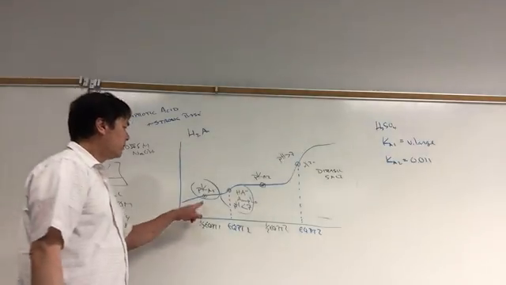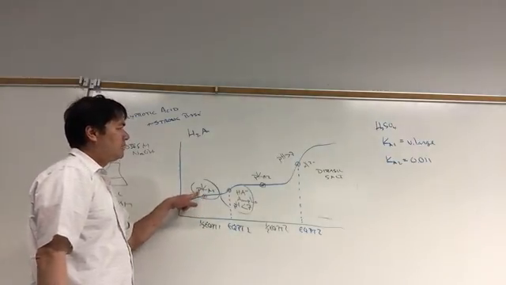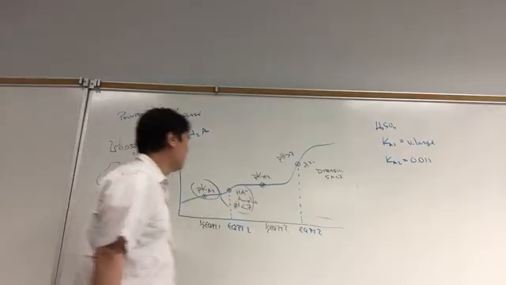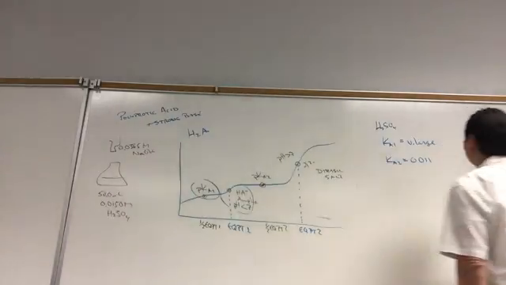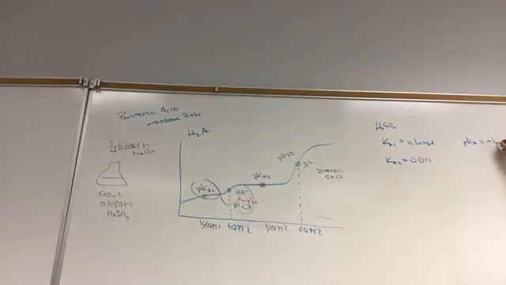Okay, so if Ka1 is very large, what is the pKa1 for this? Very small. pKa1 would be the negative log of the Ka, so what is the negative log of very large? Very small.